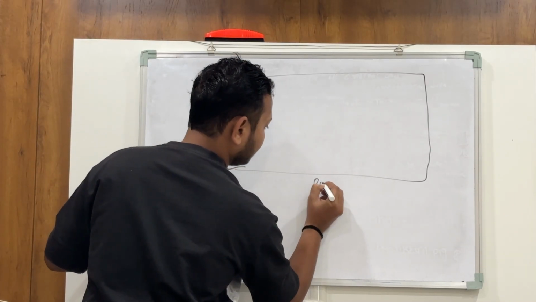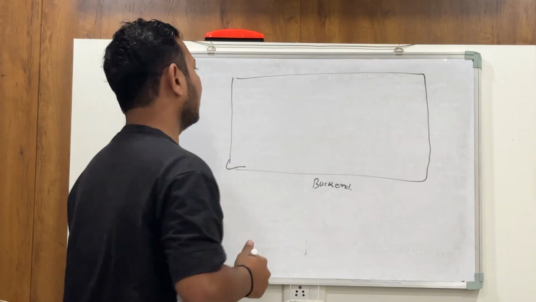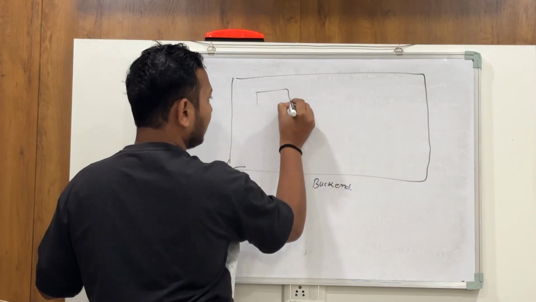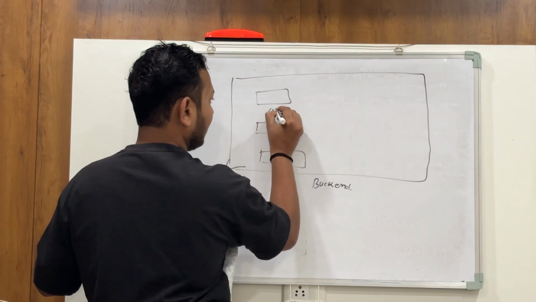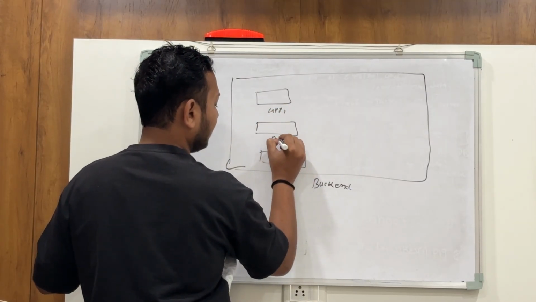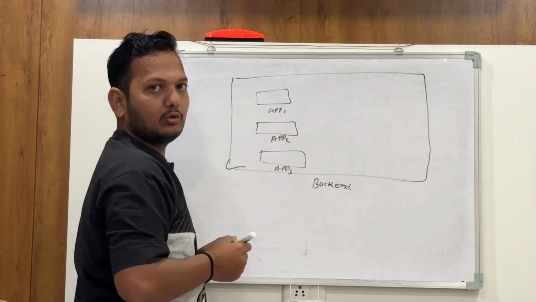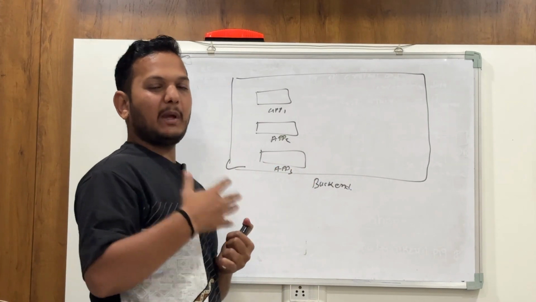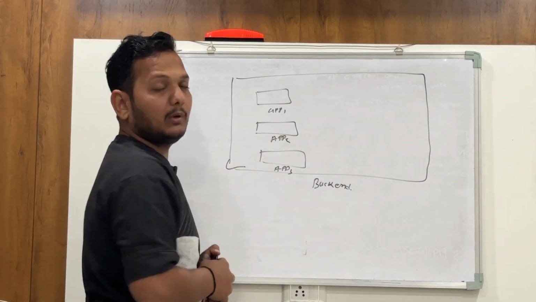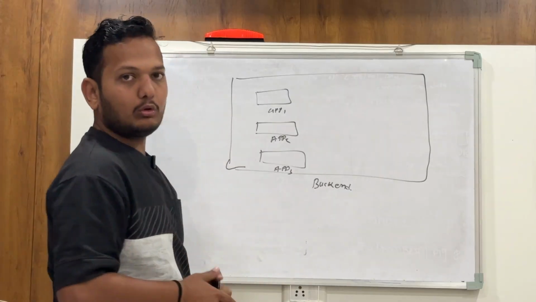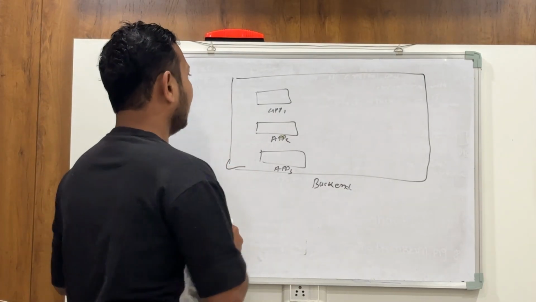Backend, where all the databases and app servers are present. There are multiple app servers: app 1, app 2, app 3, right? So in the backend there are multiple service servers possible. That is also called the microservice architecture, right? So there are multiple app servers present.